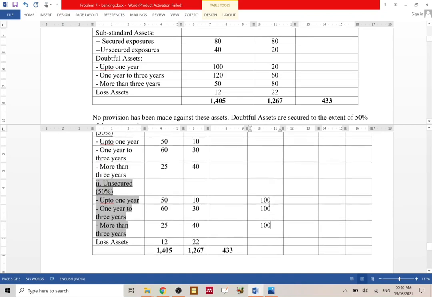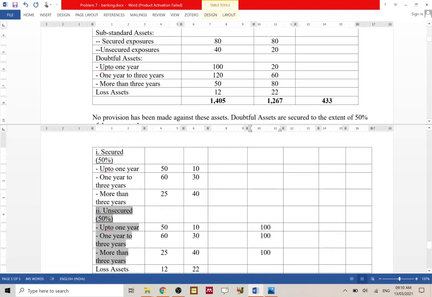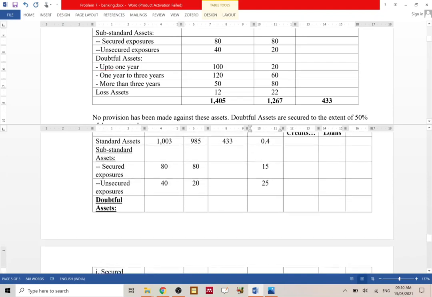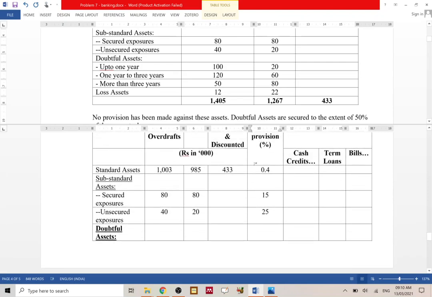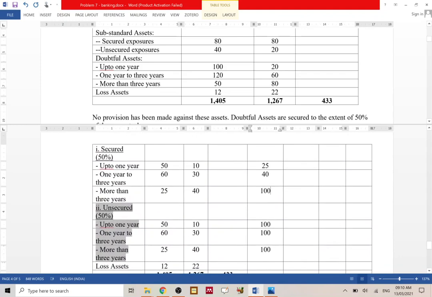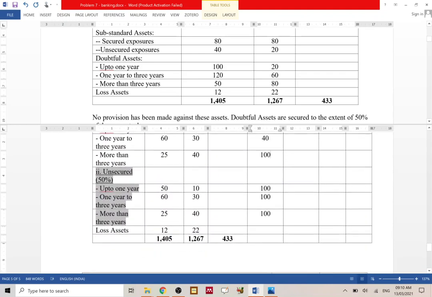Whereas in the case of the secured ones, up to 1 year it is 25, 1 to 3 years it is 40, and more than 3 years it is 100. Done? So we have written the rates of provision for all: standard, substandard, doubtful but secured, doubtful but unsecured.